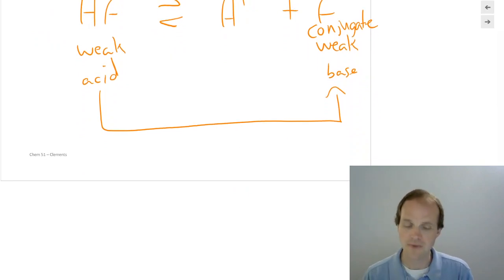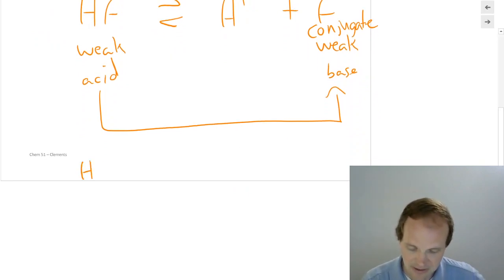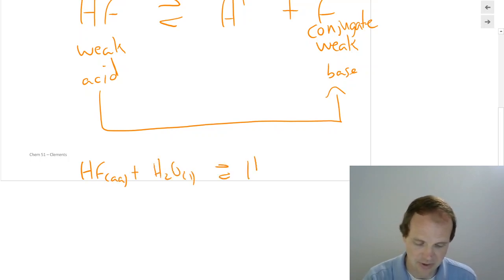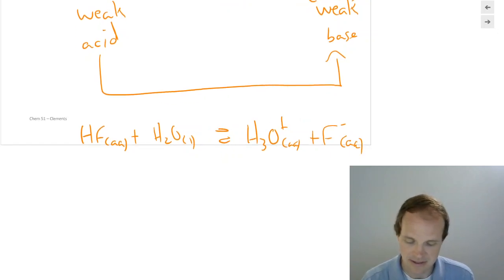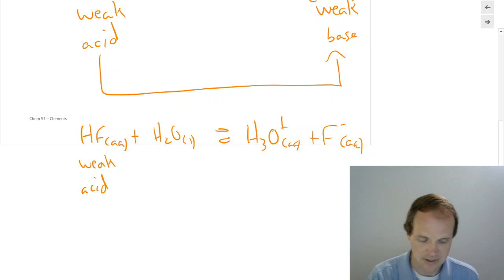So I'm going to write this out a little more completely here and say HF aqueous plus water. So I'm going to do the one with a hydronium ion here. And we decided that this guy is a weak acid. This is a weak conjugate base.